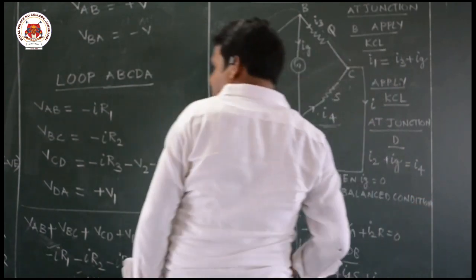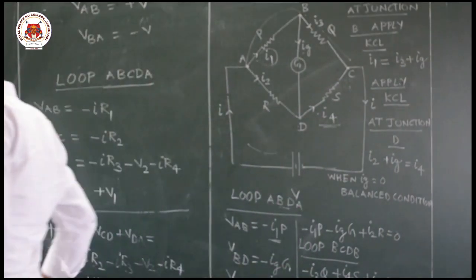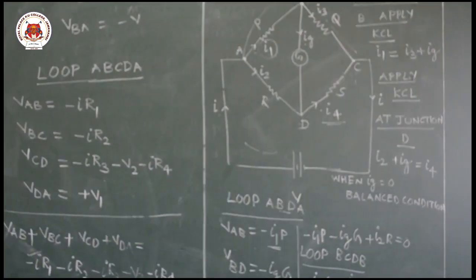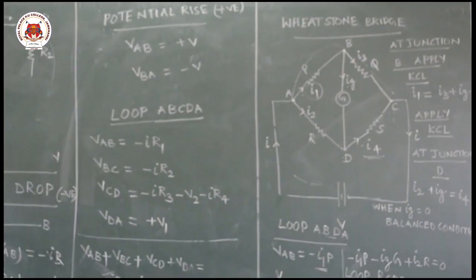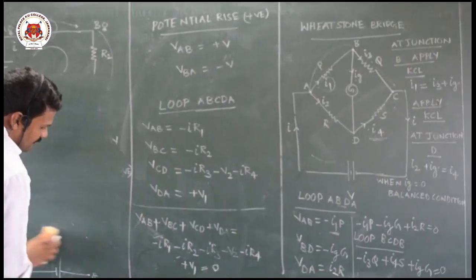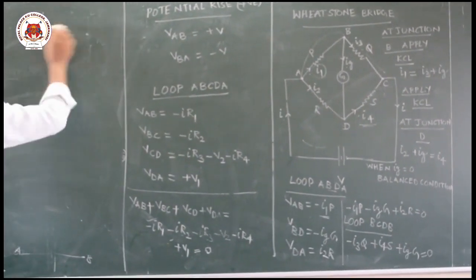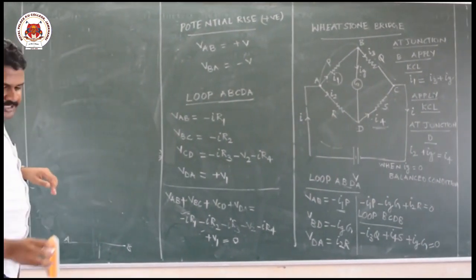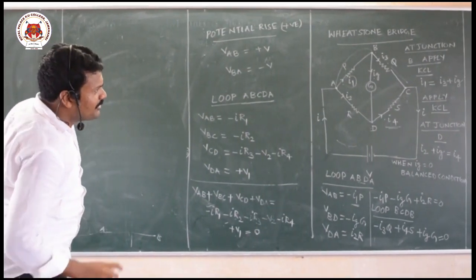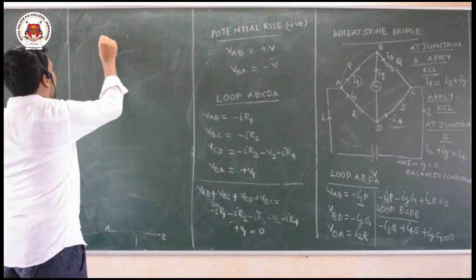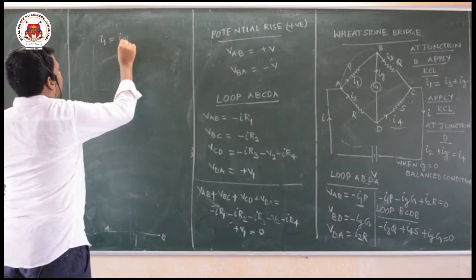Now, when Ig is equal to 0, take the equations we already got. By applying KCL, at junction B, I1 is equal to I3 plus Ig.